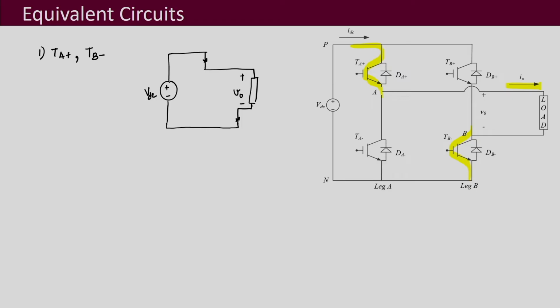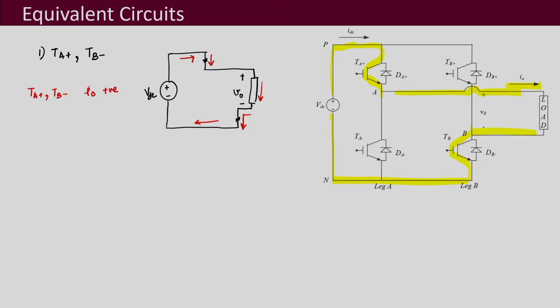It will be supported by the transistor, then it flows through this path and comes back here, and again it is the transistor only which supports the path of the current. So, what we observe from here is that when the switch is on, it is the transistors which are carrying the current and not the diodes. So, TA plus and TB minus are conducting when your current is positive.